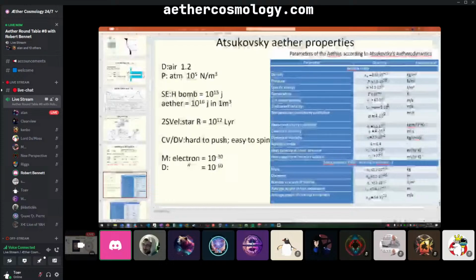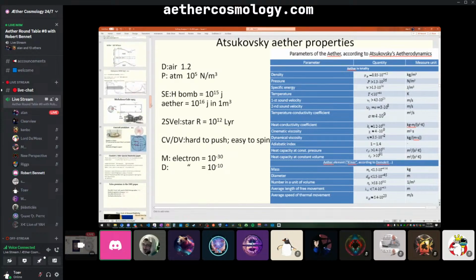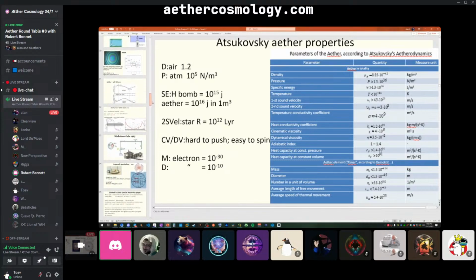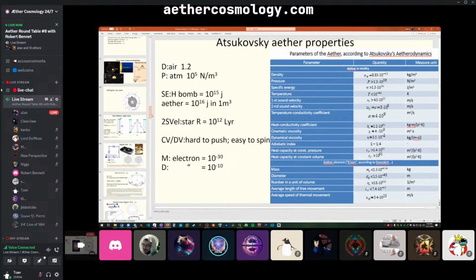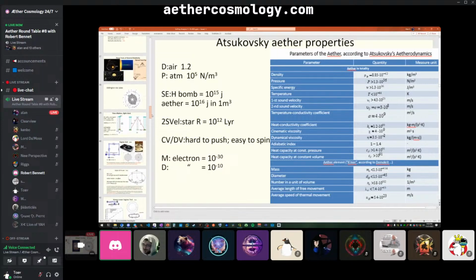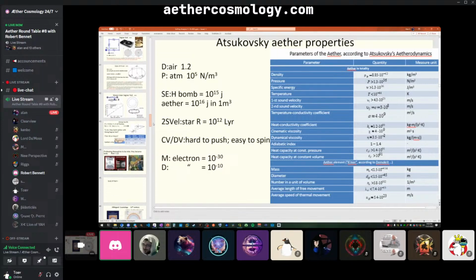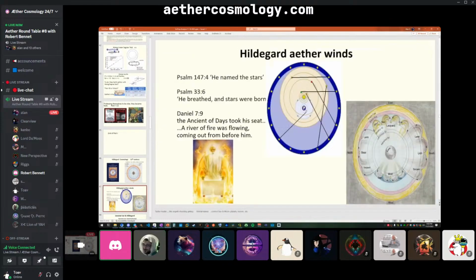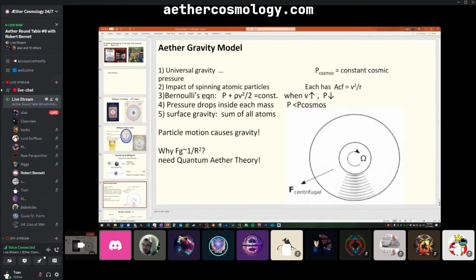We know that the force of gravity on the surface of planets of mass varies with the inverse square law, and it's different on each planet's surface, but it would have to be constant if you use the Hildegard model.